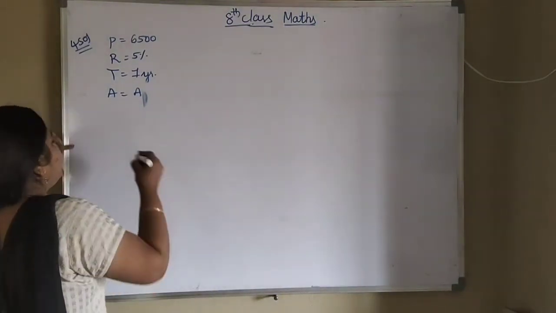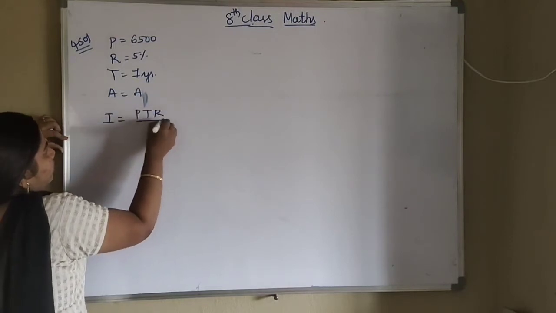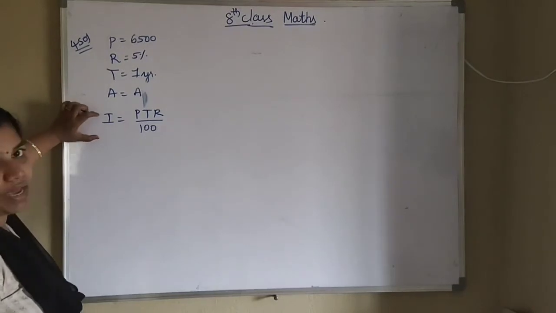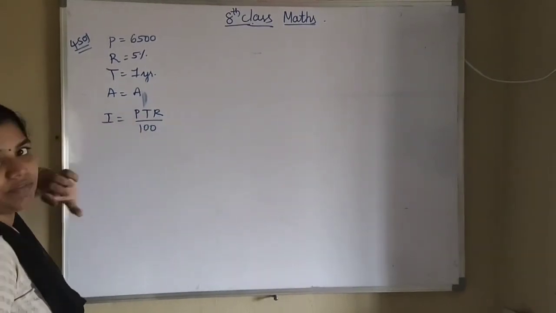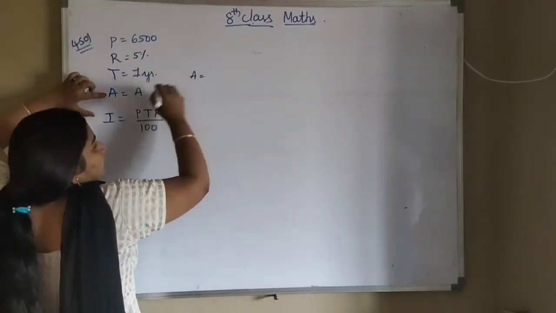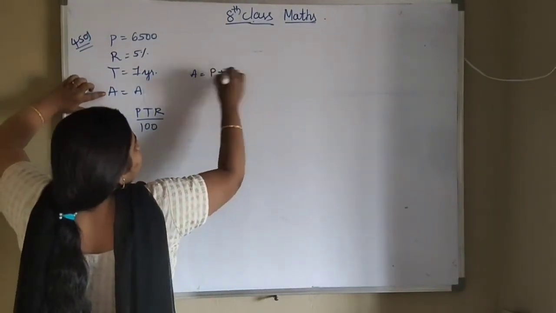So already we know the simple interest formula. What is that? I is equals to PTR by 100. What we have to find? We have to find the I value. For finding the I value, we want the P value, T value and R value. Okay, so first they told us to find the amount. What is the formula for amount? Amount is equals to principal plus interest.